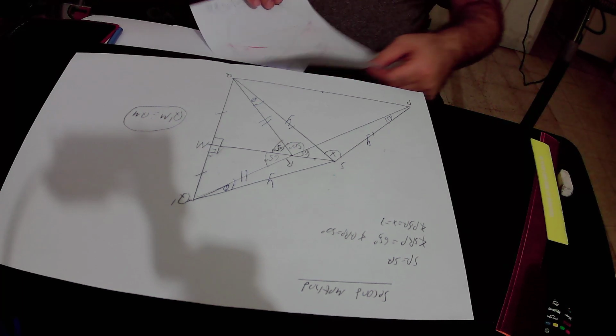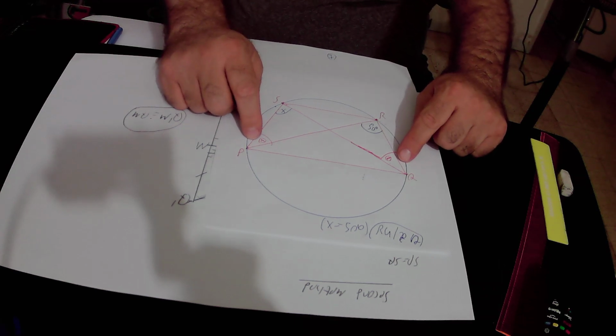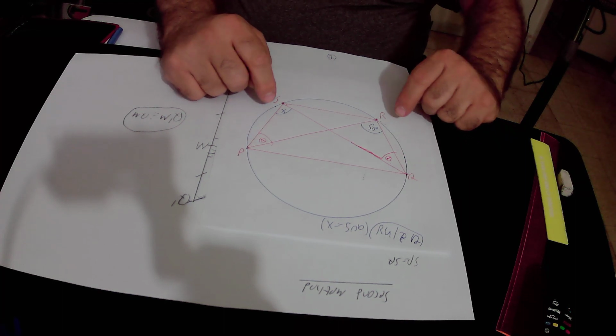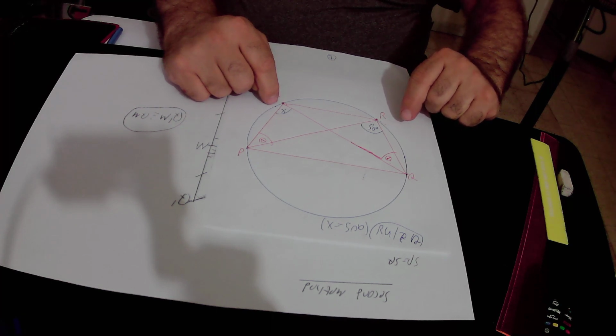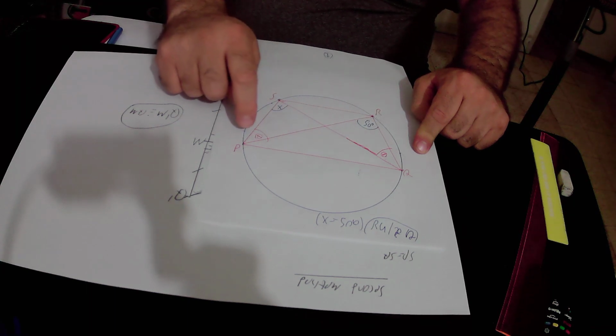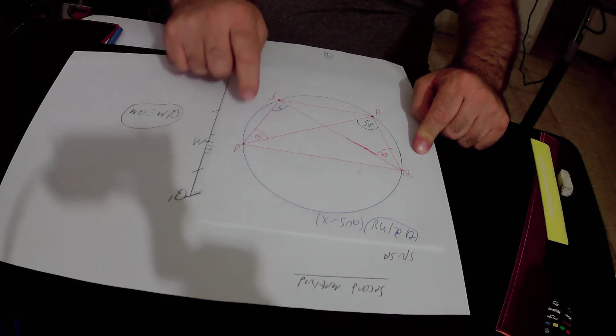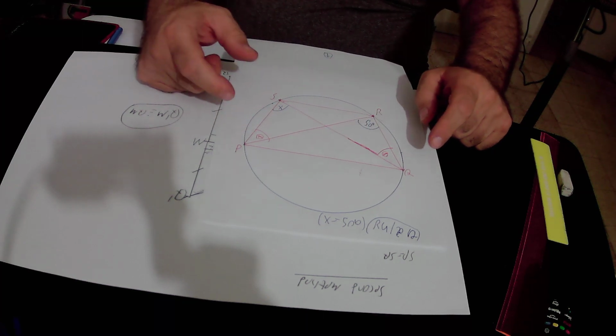Because those two angles are equal to each other and they are located on the same segment line SR, we concluded that quadrilateral SRPQ is inscribed in a circle, and points S, R, P and Q lie on this circle.